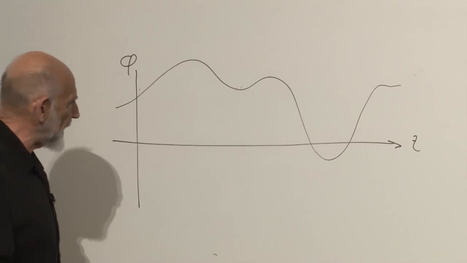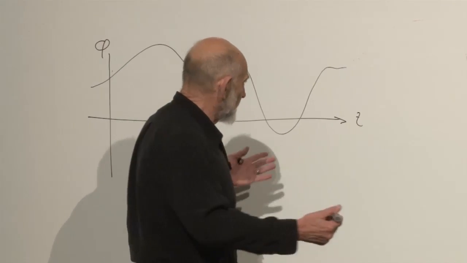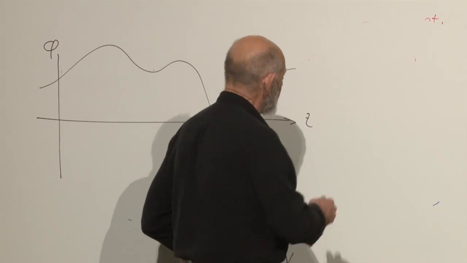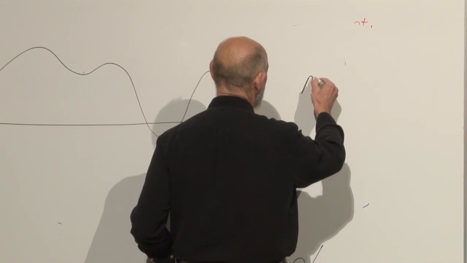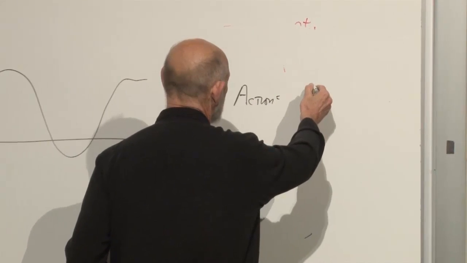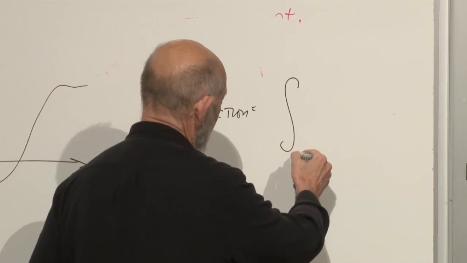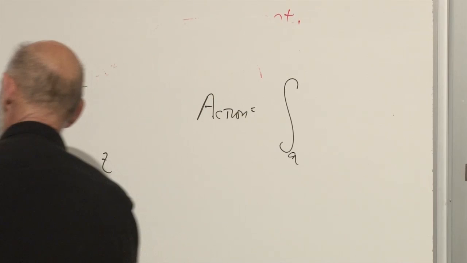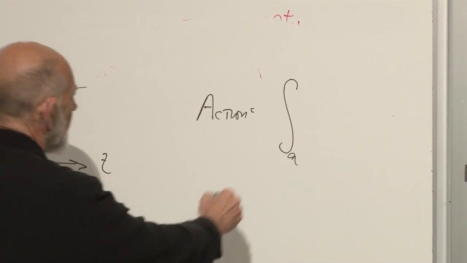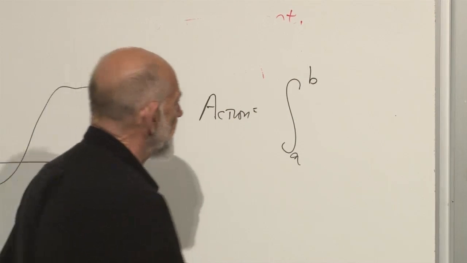What would the principle of least action be? Well, first of all, we express it in terms of a Lagrangian. The action is equal to an integral from some initial time to some final time, let's say from A to B, of some Lagrangian dt.